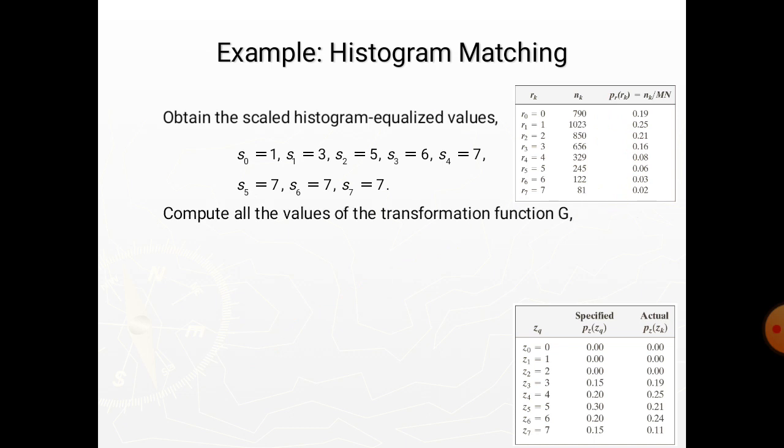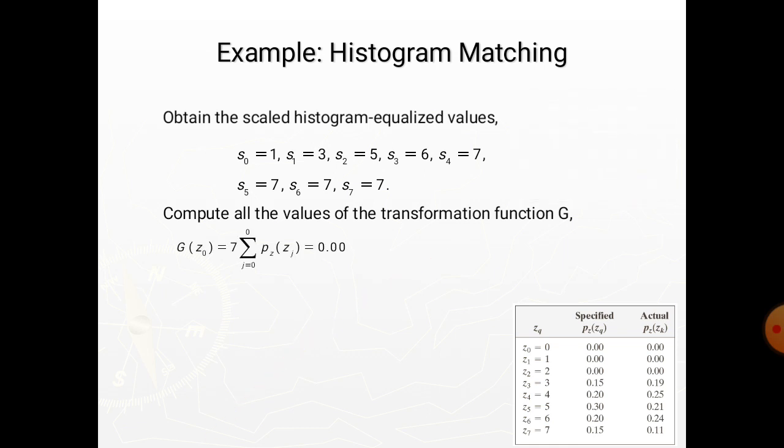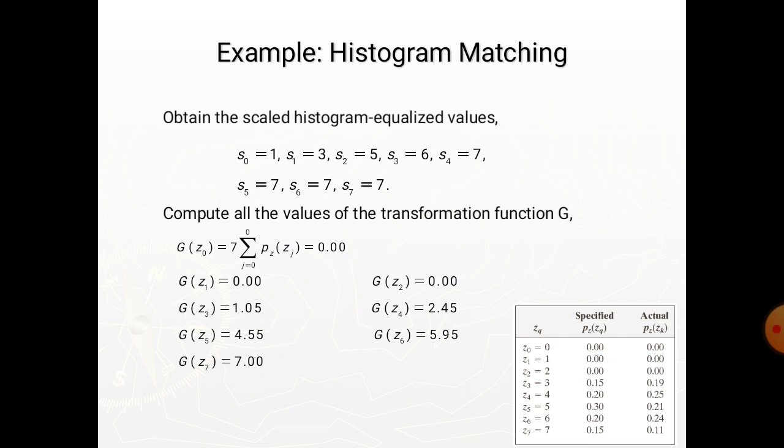So the next step is to compute all the values of the transformation function G. Here G(z0) equal to 7 times the sum for j equal to 0 to 0 of PZ(zj), equal to 0.00. Similarly G(z1) equal to 7 times PZ0 plus PZ1, equal to 0.0.